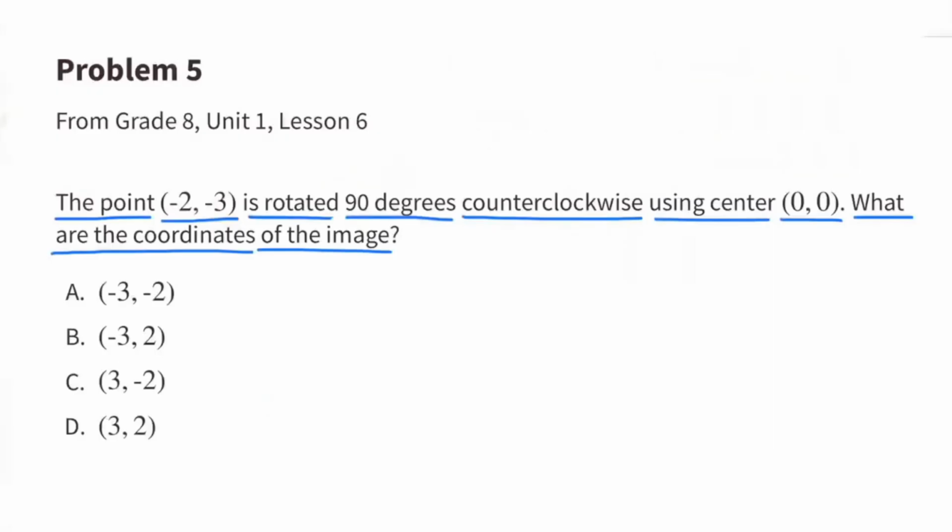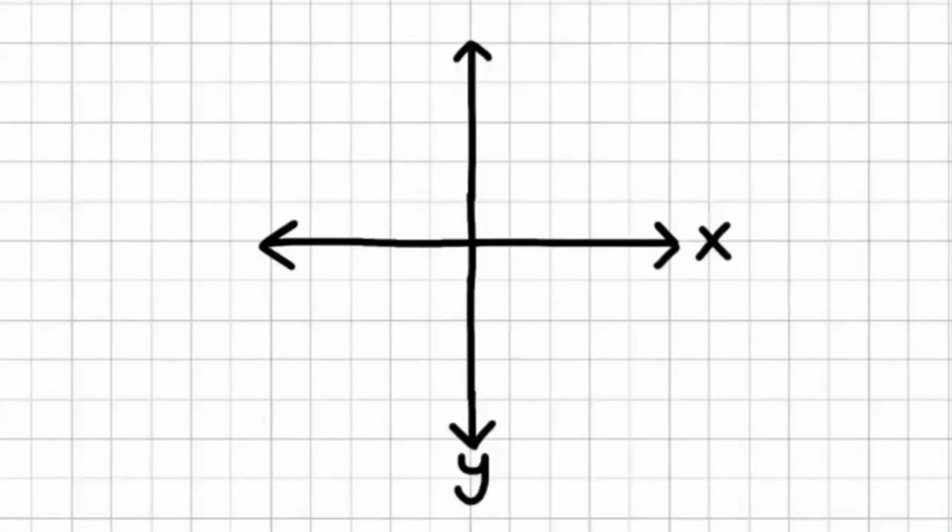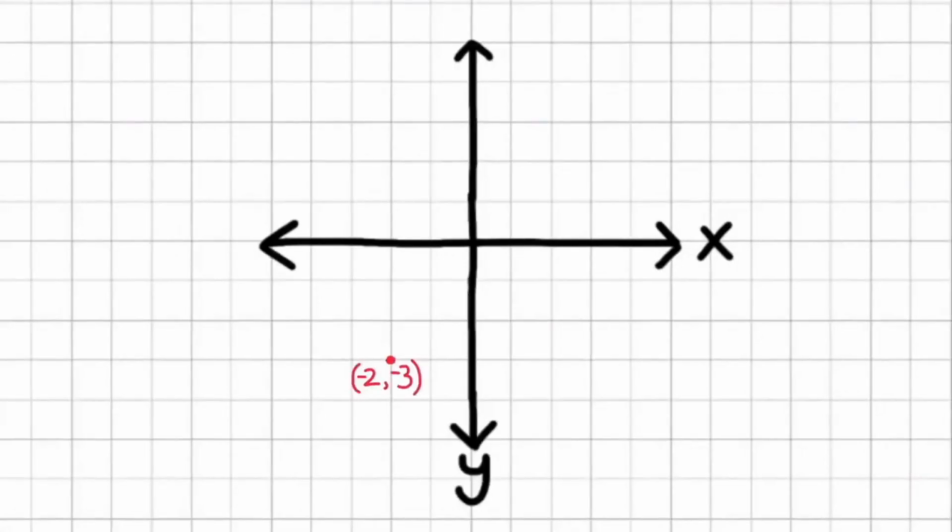Number 5. The point with coordinates -2 and -3 is rotated 90 degrees counterclockwise using center with the coordinates 0 and 0. What are the coordinates of the image? I'm going to start with a graph with an x-axis and a y-axis and place the original point with coordinates -2 and -3.